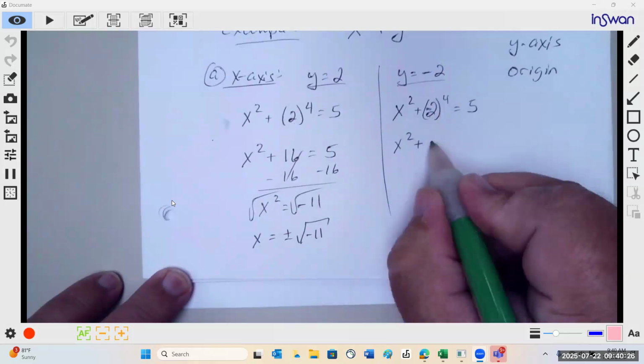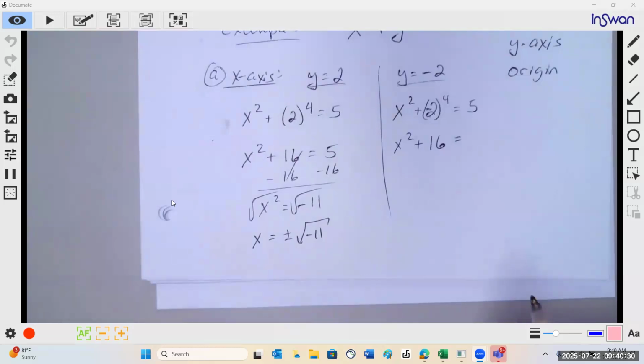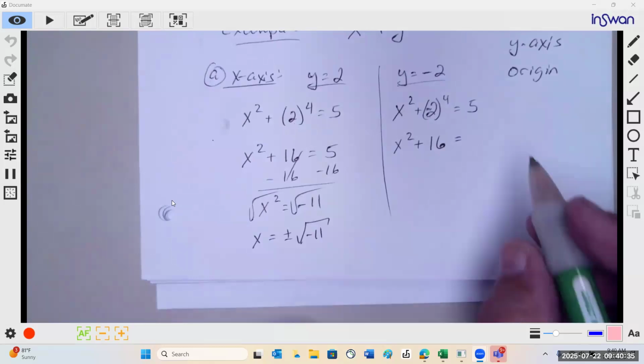Negative 2 to the fourth power is positive 16: negative 2 times negative 2 times negative 2 times negative 2. All the negatives cancel. 2 times 2 times 2 times 2 is 16.